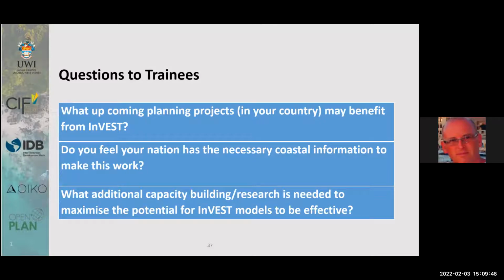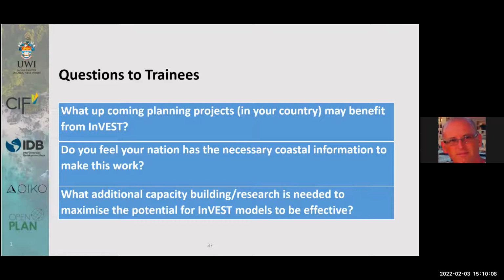The first is, what upcoming planning projects in your country may well benefit from setting up or testing or trialing the INVEST model in terms of supporting participatory planning and decision making on the ground?